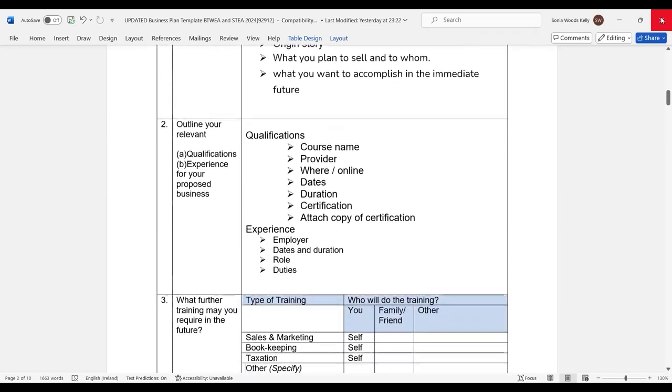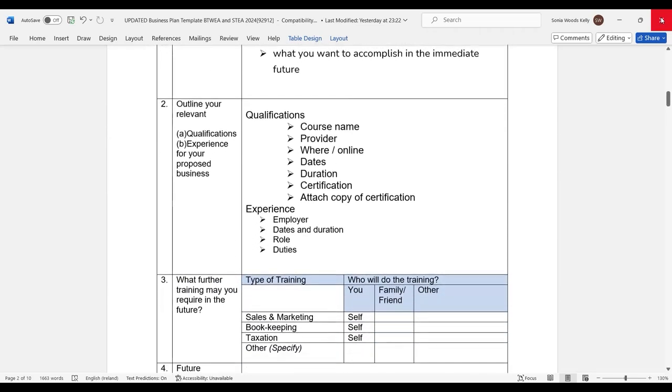The next section here is information about relevant qualifications and experience for your proposed business. Now, the key word here is relevant. It has to be relevant to the business proposal.